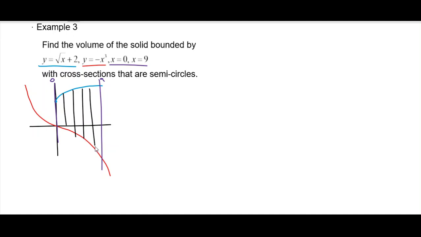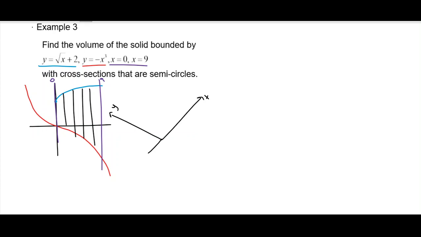Getting this as our base for our three-dimensional shape, and it's popping out of this, forming semicircles. So let me draw this as our base for our three-dimensional shape. It's going to look something like this. And there's our x-axis, there's our y-axis.